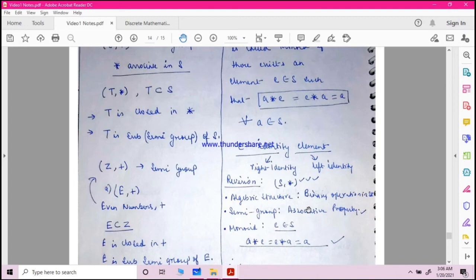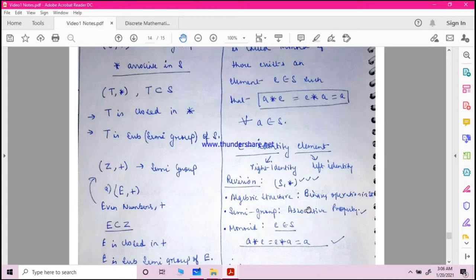Just make a quick revision. Algebraic structure has a binary operation. For a semi-group, we want to satisfy the associative property. For a monoid, there is an identity element. When we multiply or divide or do any binary operation, we get the number itself, and the identity element gives you the same result as the variable you are operating it on.